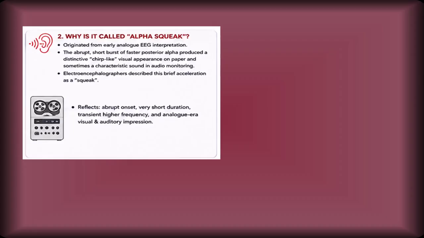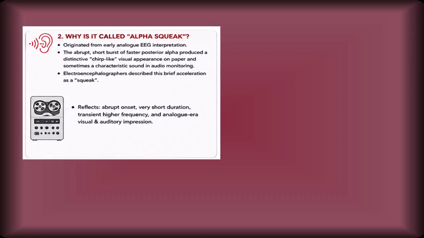Now let us discuss why it is called alpha squeak. The terminology originated during the era of analog EEG machines. Early electroencephalographers observed that immediately after eye closure, a brief burst of faster posterior alpha activity appeared on the EEG tracing. This abrupt acceleration produced a distinctive visual pattern on paper recordings and sometimes even a characteristic chirp-like sound during analog audio monitoring.